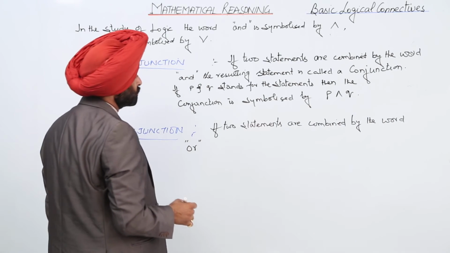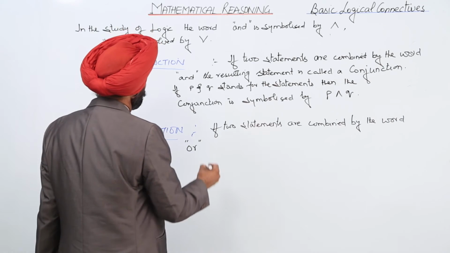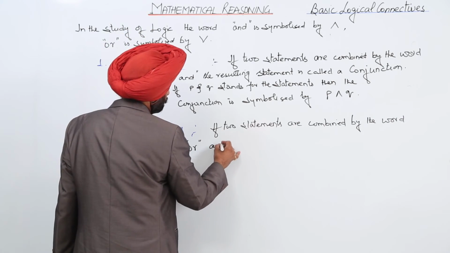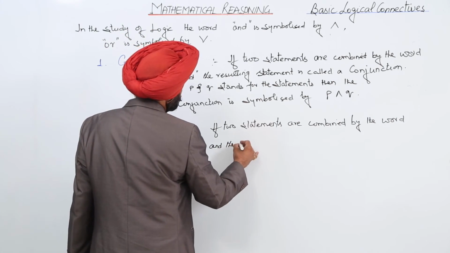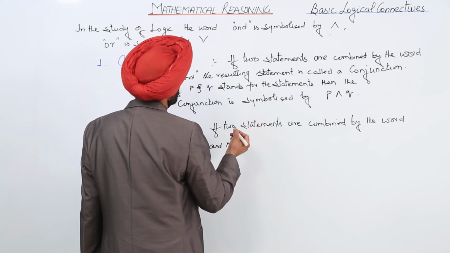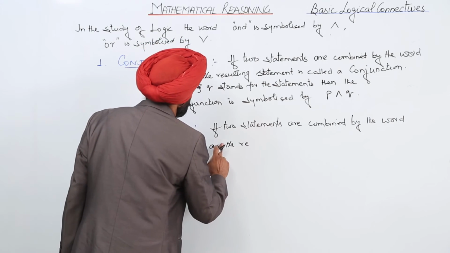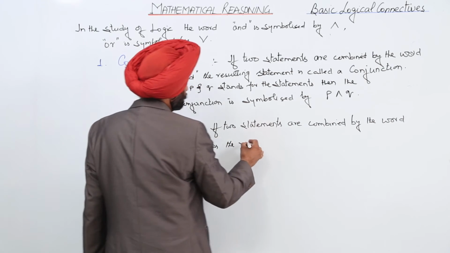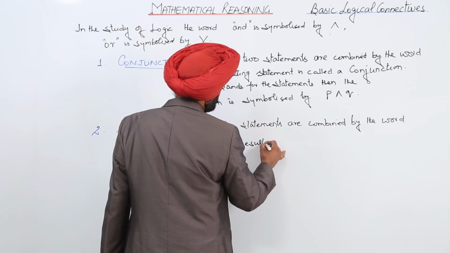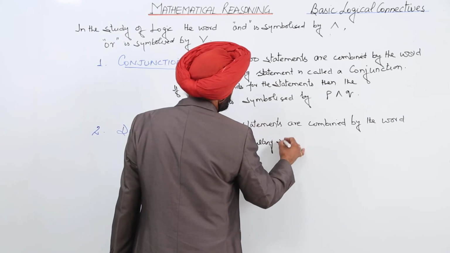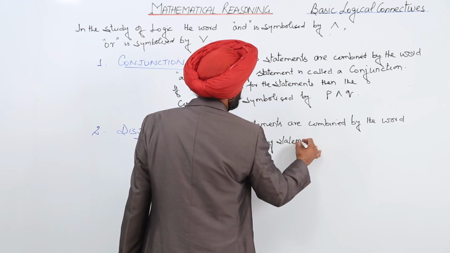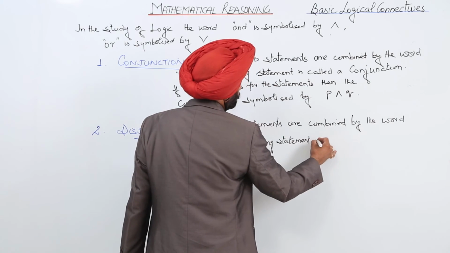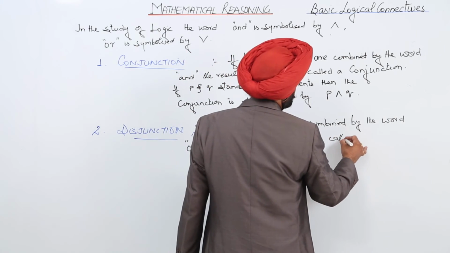If two statements are combined by the word "or", then the resulting statement is called disjunction.